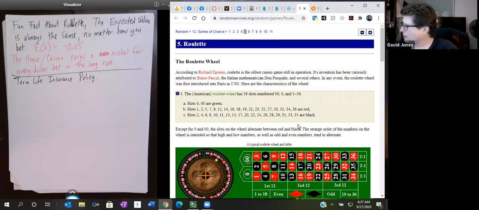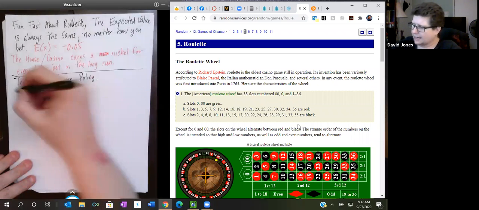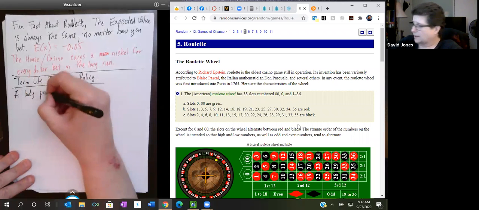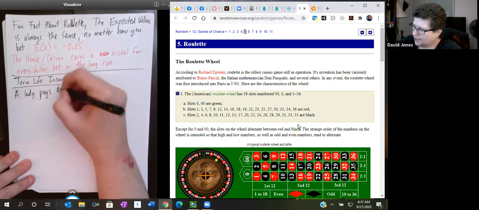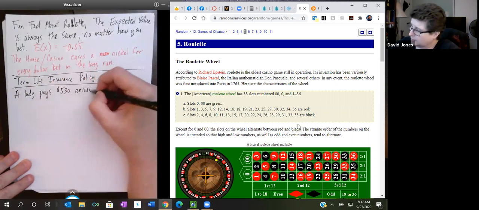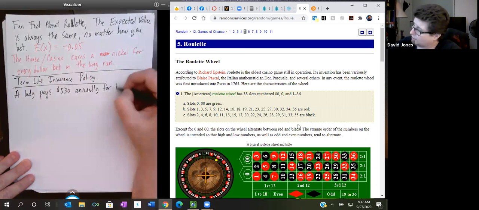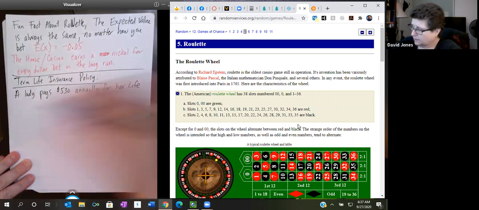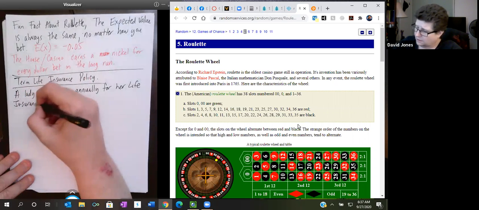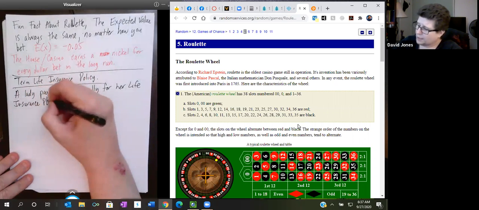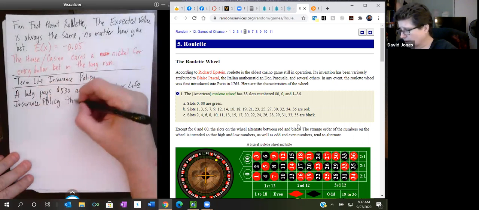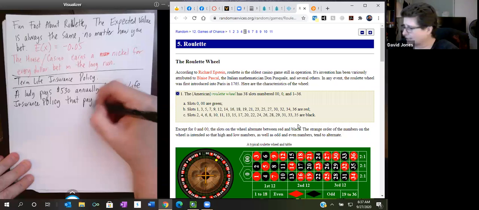So let's say a lady pays $530 annually for her life insurance policy, and the policy pays out $250,000 in case of death.